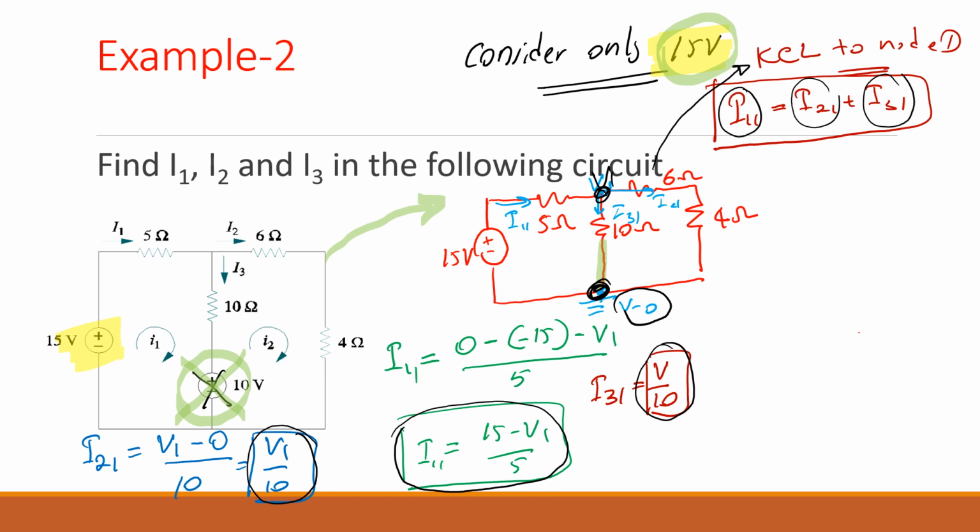So if V1 is 7.5, can't we find the currents I11? That's what we need to find, isn't it? The question is asking us to find the currents. So can you please substitute the values and find me the currents I11, I21, I31.